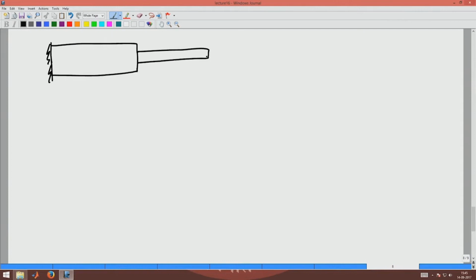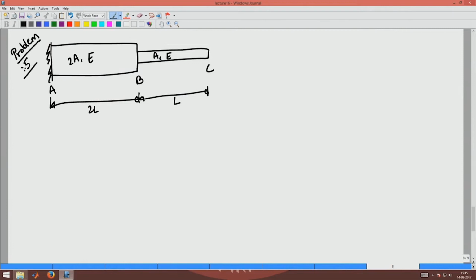I have the same step shaft A, B, C, with area of cross section 2A and A, Young's modulus E. This length is 2L and this length is L. This is problem 5.